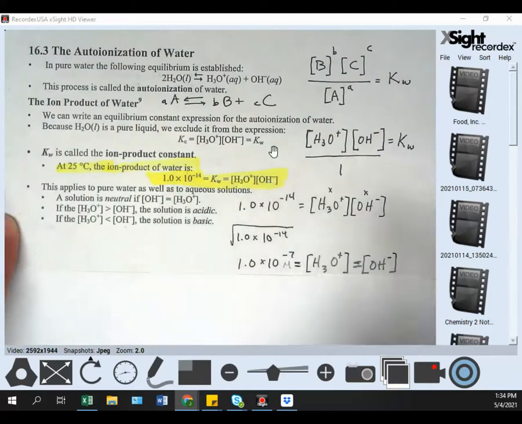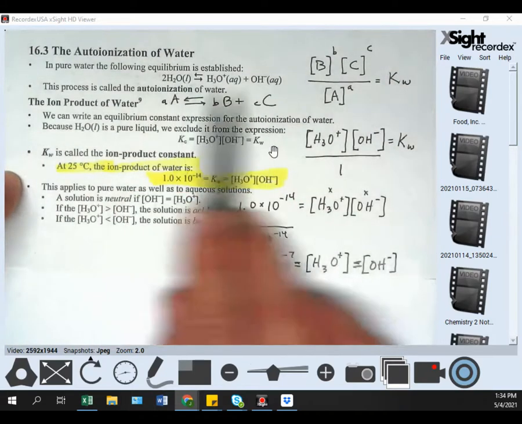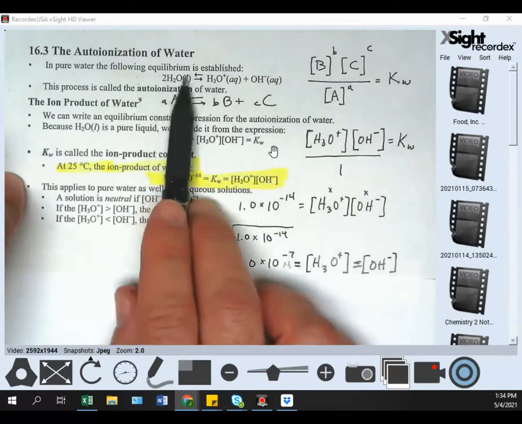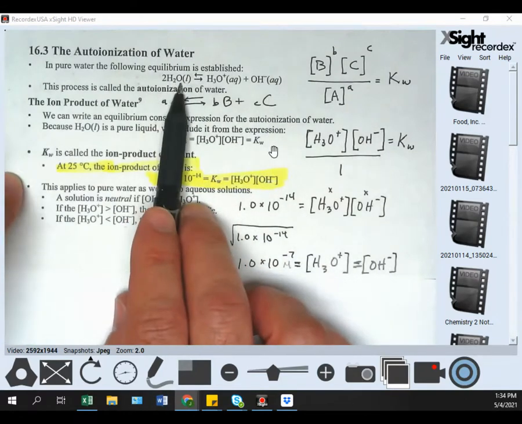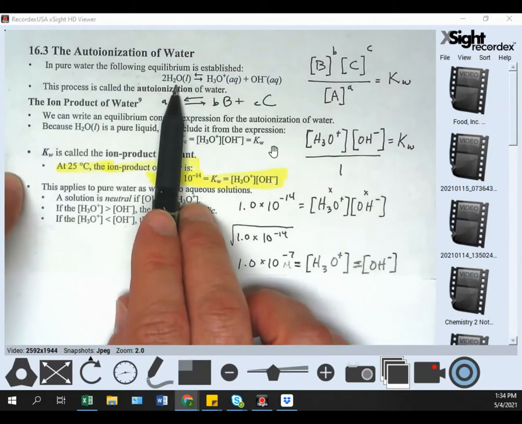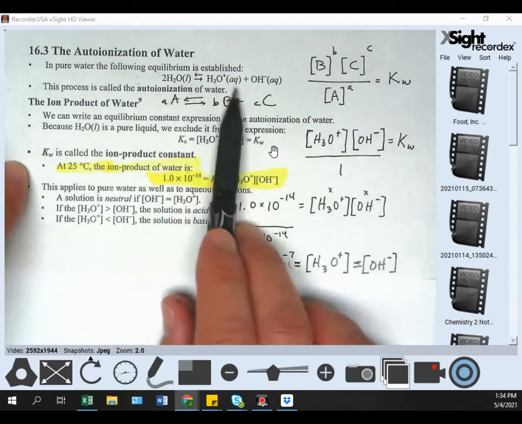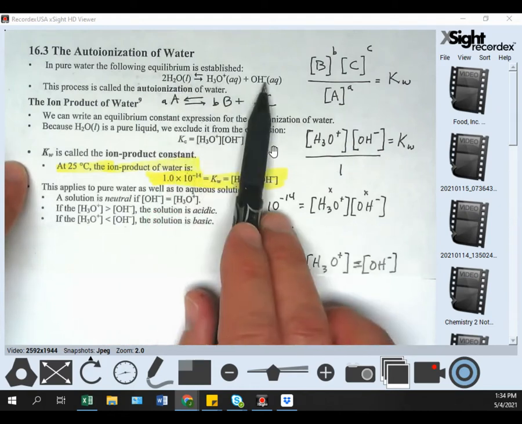Let me back up a second. Basically what this equation is saying is, imagine you've got pure water. Pure water can exist as water molecules, H2O. It can also technically exist as a combination of hydronium and hydroxide.